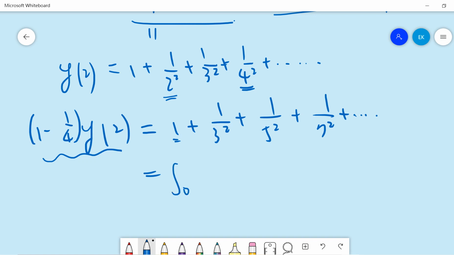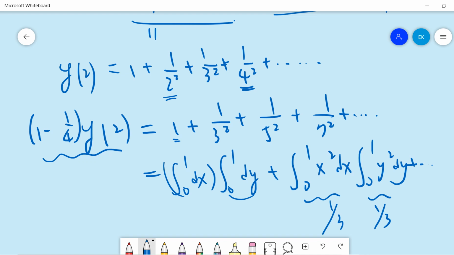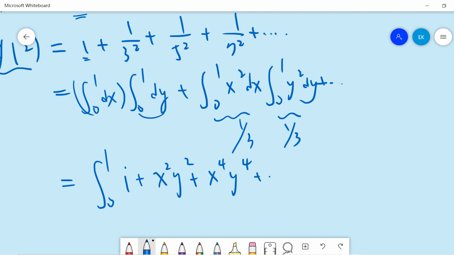So how about this one? I can write it as the integral of 1 dx, the integral of 1 dy, because it's 1 times 1. And then I can write it as the integral from 0 to 1 of x squared dx times the integral from 0 to 1 of y squared dy. And this is 1 over 1/3, and keep going. So basically you can see that this is the double integral over 0 to 1 of 1 over 1 minus x squared y squared dx dy.